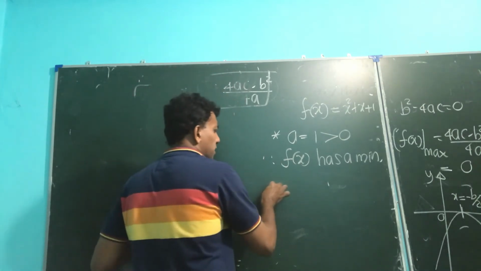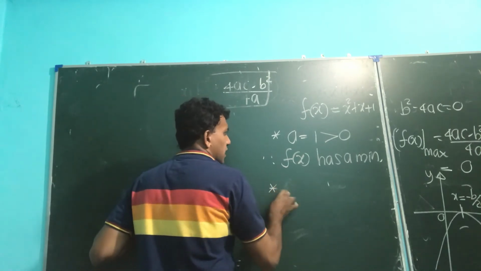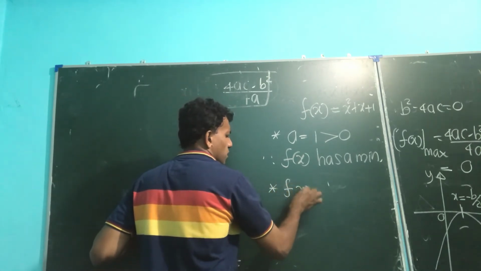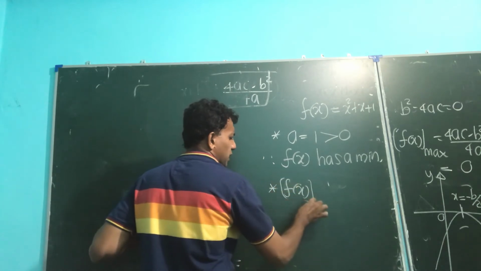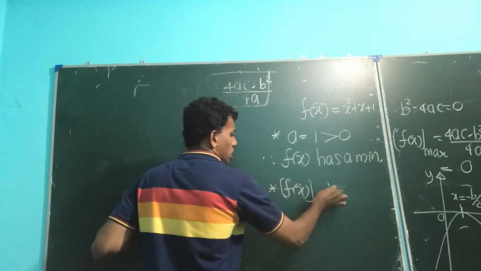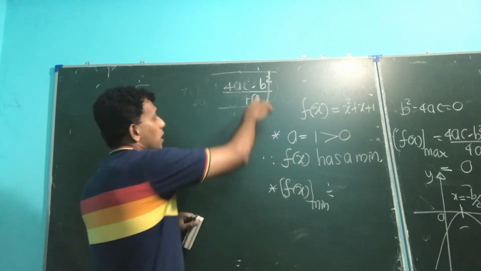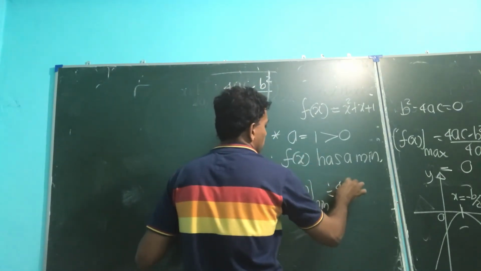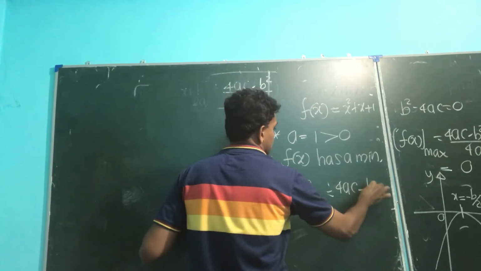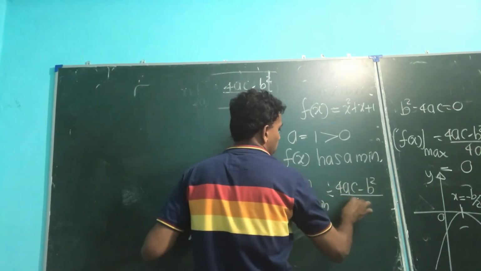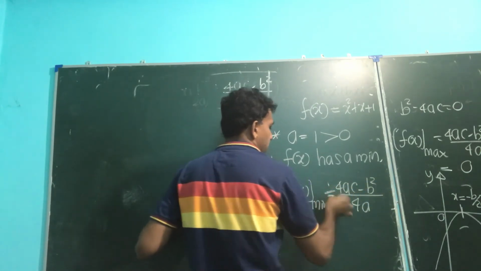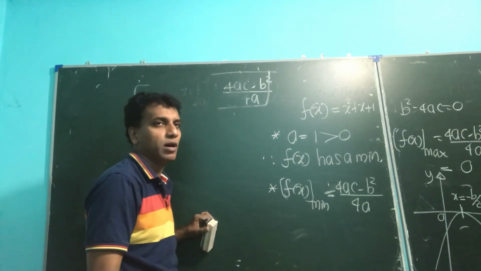Next we take the minimum value. What is the minimum value of f(x)? I proved it already, therefore we use the formula directly here. 4ac minus b square over 4a is the standard formula for the maximum or minimum.